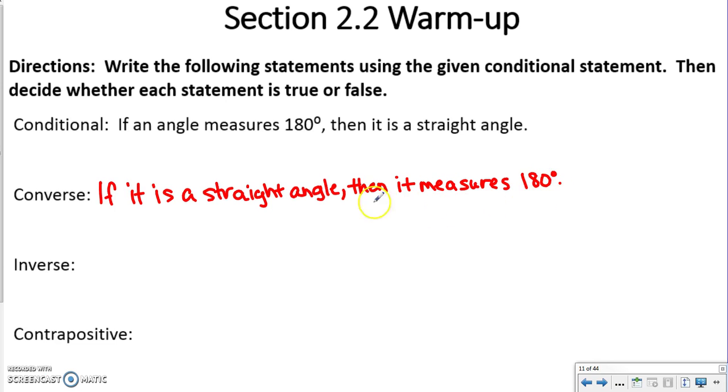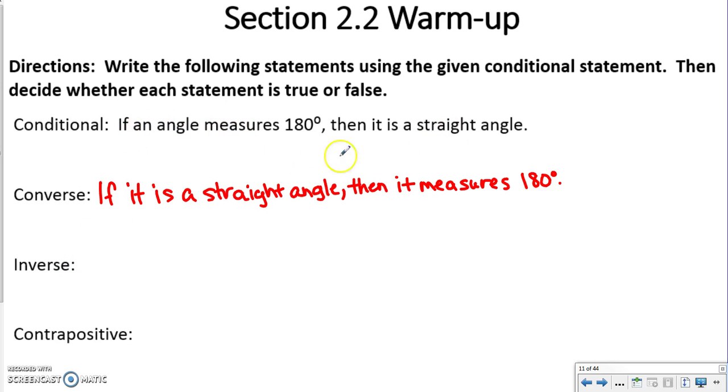Now, if you put angle in there somewhere, so if you said if an angle is a straight angle, then it measures 180 degrees, or if it is a straight angle, then an angle measures 180 degrees, either of those is correct, and this is as well. Okay, so converse, you just switch the conclusion with the hypothesis.